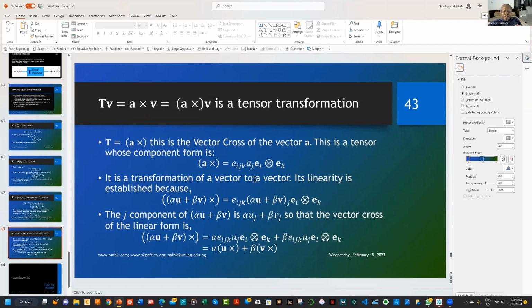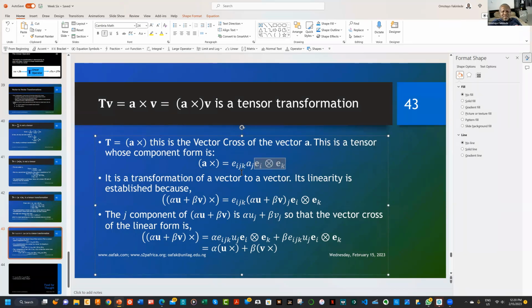It's a transformation of a vector to a vector. Its linearity was established already, and because of this dyad multiplied by a scalar, it's already a tensor, because any linear sum of dyads is a tensor.